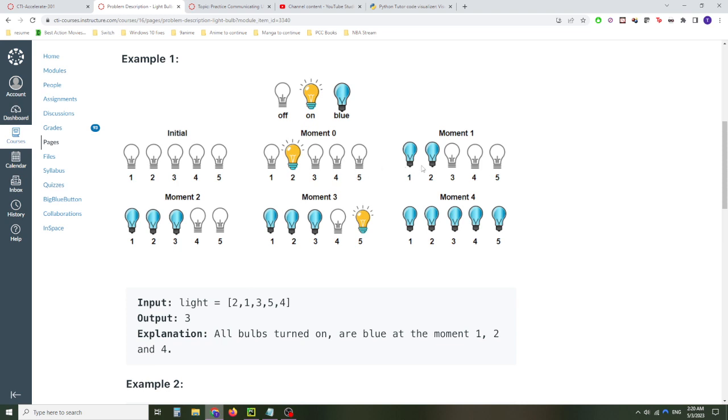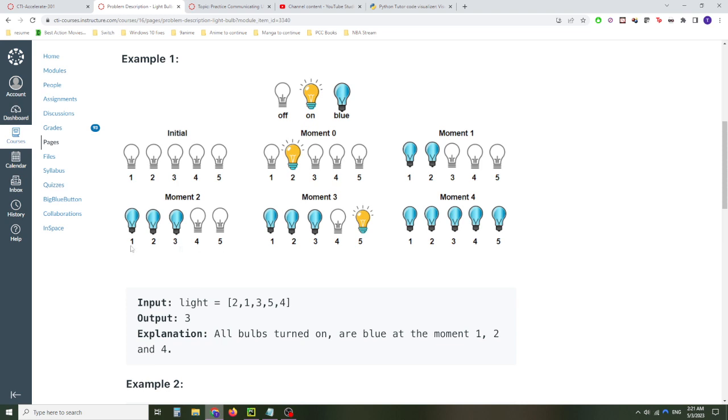So in a sequence, the sum generally matches the light bulb numbers. So 2, 1, 3: the summation is 6, and the summation of n equals 3 is also 6.